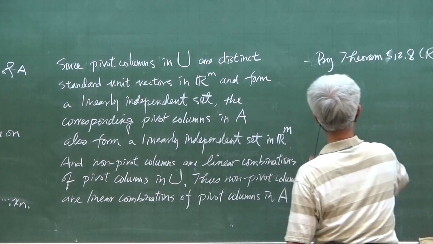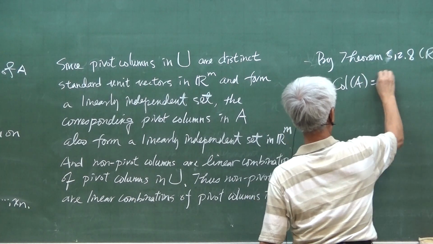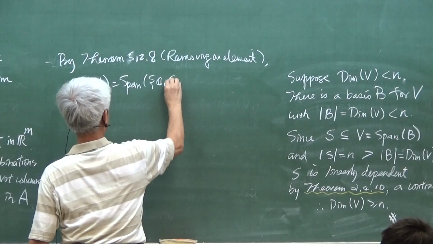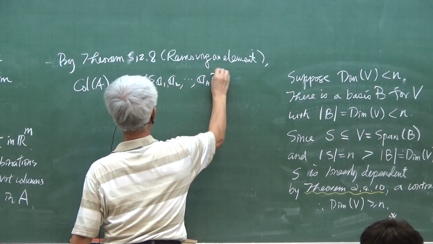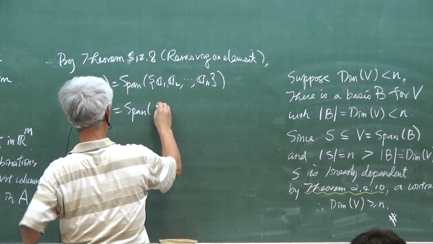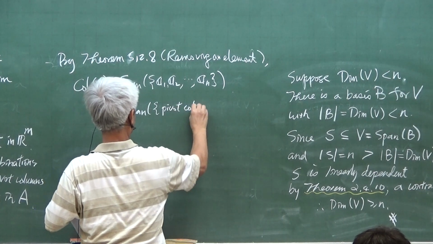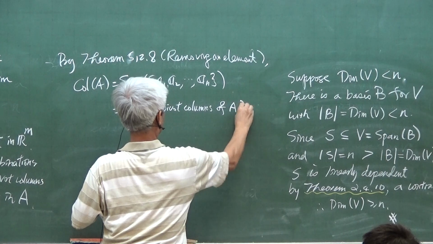So the column space of A is the span of A1, A2, ..., An, which equals the span of the pivot columns of A. Okay?